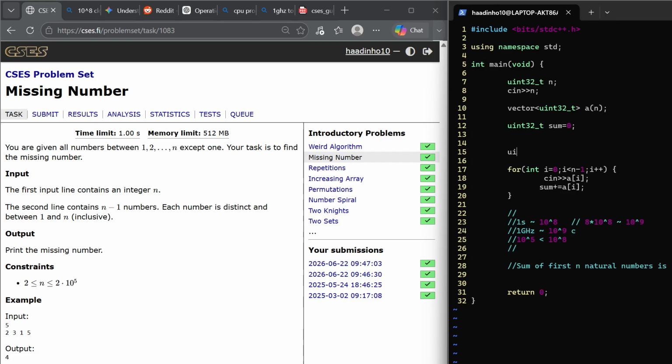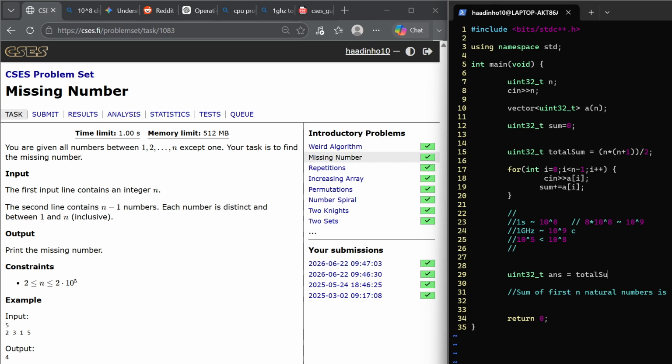So let me say uint32_t total sum is equal to n into n plus 1 by 2. This is going to be the total sum. And finally, the answer is just going to be total sum minus the sum.